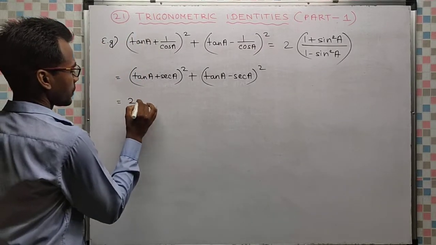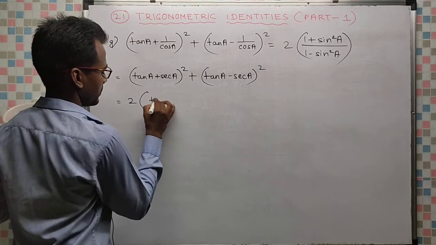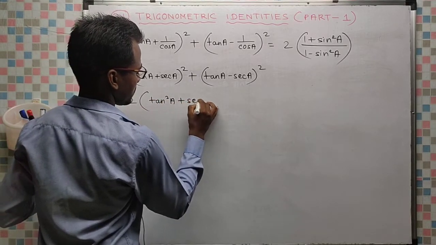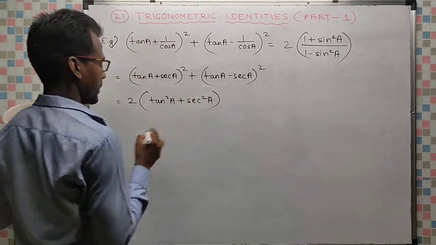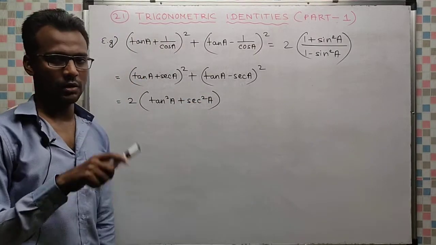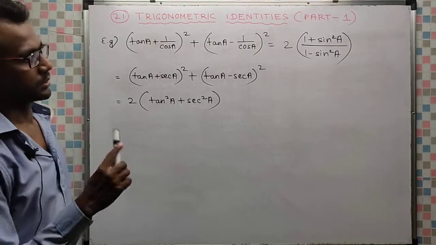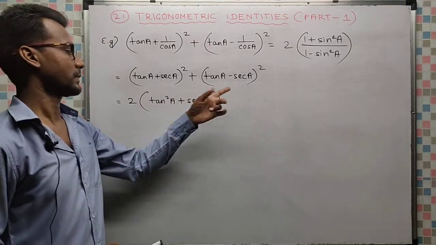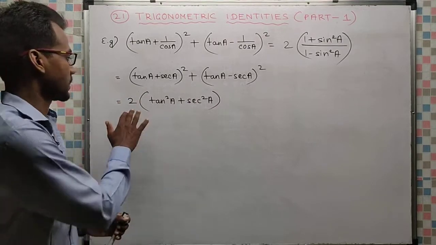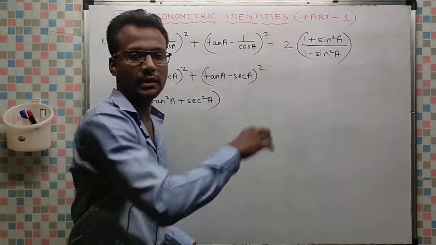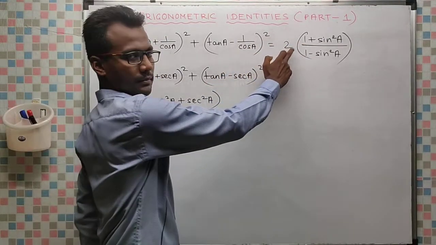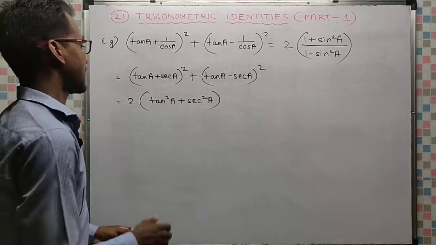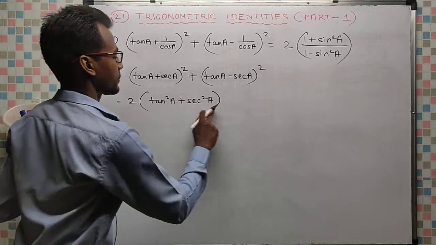So that is equal to 2 whole, a square plus b square. See, slowly I am getting what I need in the RHS. I need 2 in the RHS. I got 2, so I am not going to disturb this 2. I will keep this 2. Simply I am going to modify this tan square A plus sec square A.